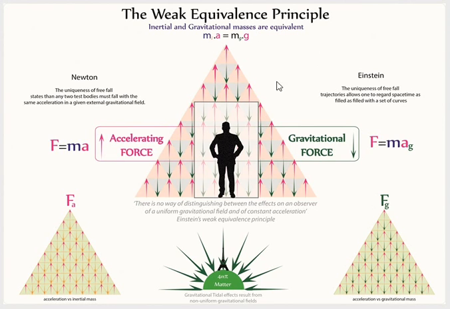Interestingly enough, the weak equivalence principle says that the inertial and the gravitational masses are equivalent, and in fact, even though it's not shown in this diagram, the inertial mass affected by acceleration and gravitational masses all result from the plus and minus charges of any energy field or any charged energy geometry.